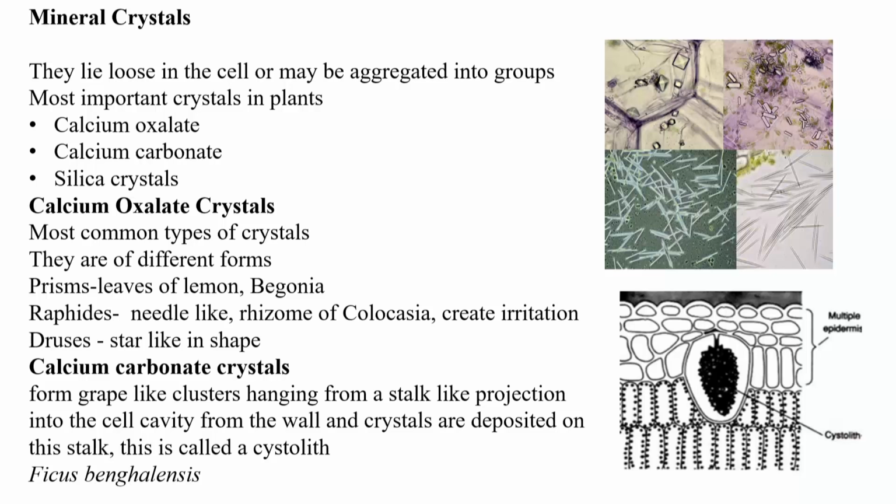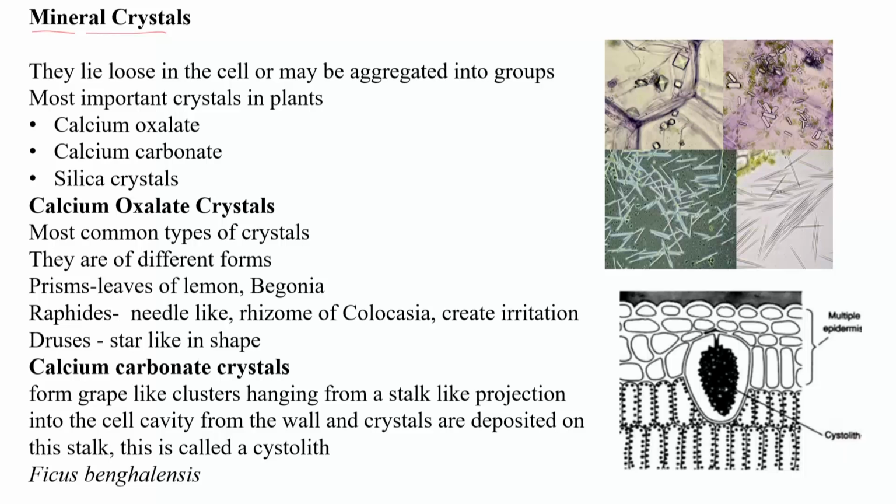Now the last ergastic substance which we will discuss is mineral crystals. Most of the substances which we have discussed were organic in nature and basically metabolic byproducts, but along with that there are many inorganic compounds also that are deposited in a plant cell.